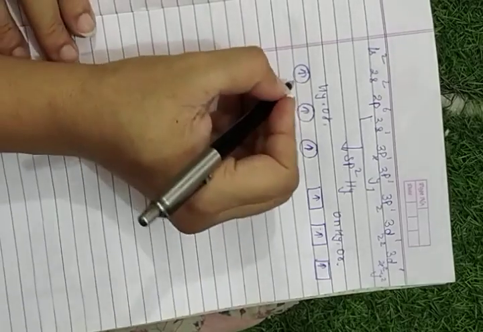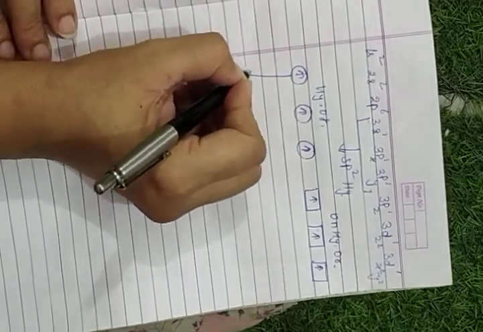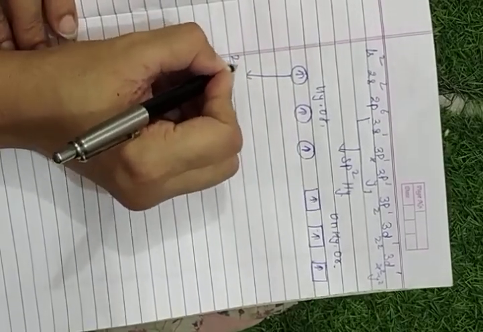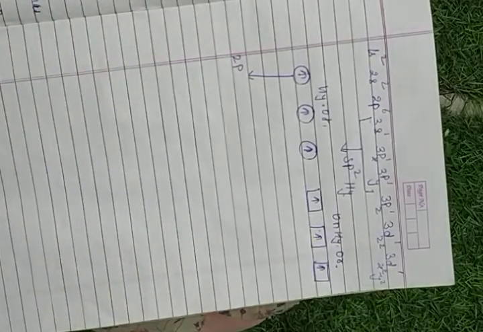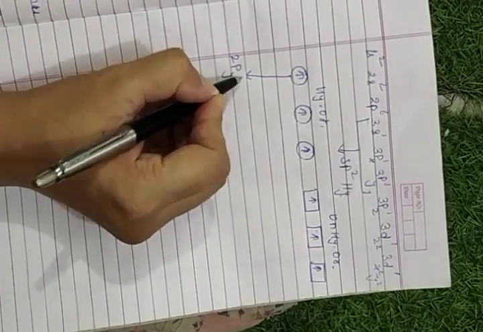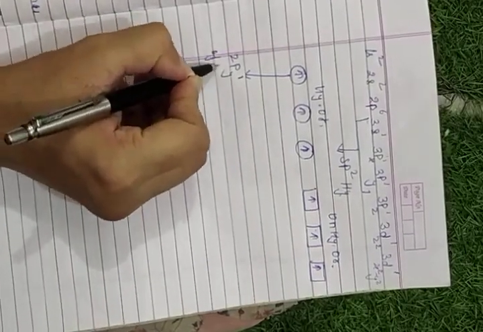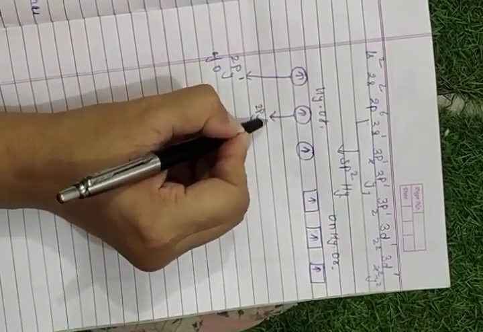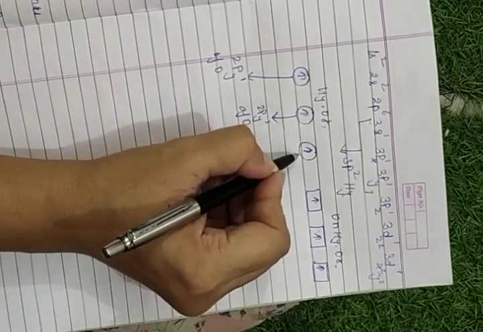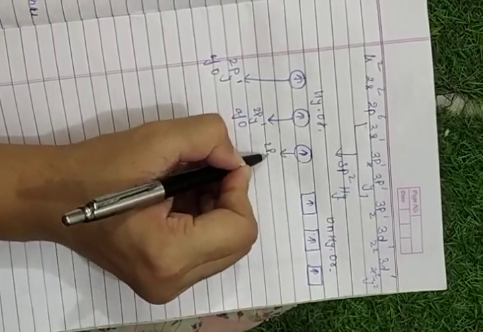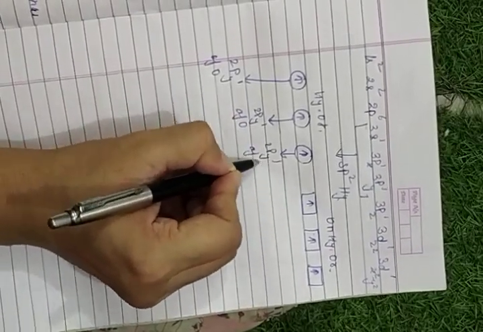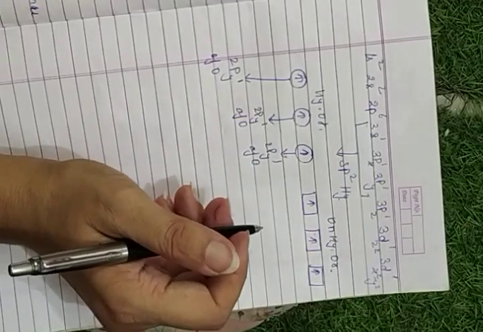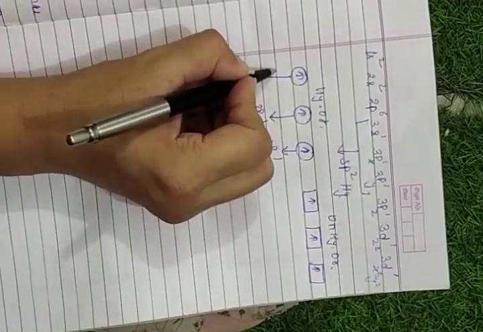Now these overlap with 2py1 of the first oxygen, also with 2py1 of the second oxygen, and 2py1 of the third oxygen. As we have 3 oxygen in sulfur trioxide, they form the sigma bonds.